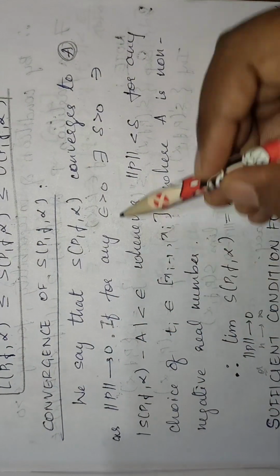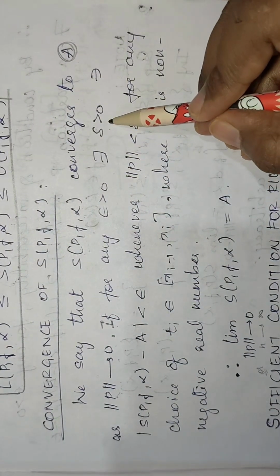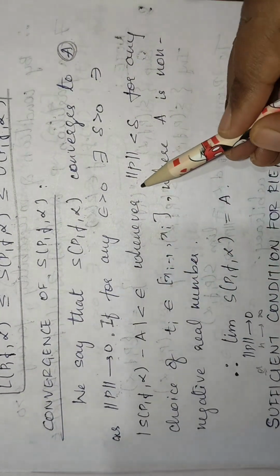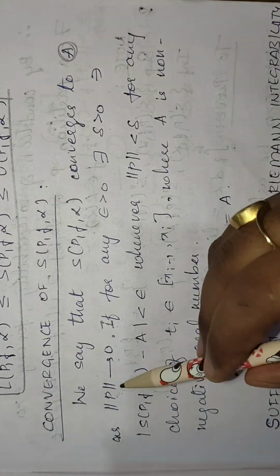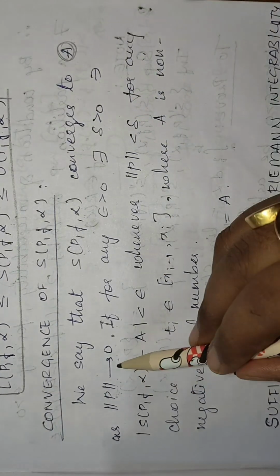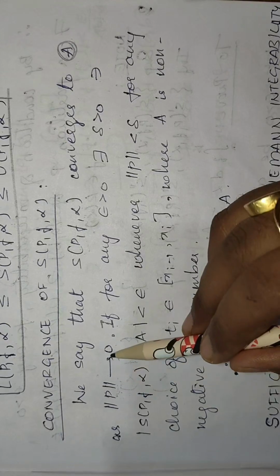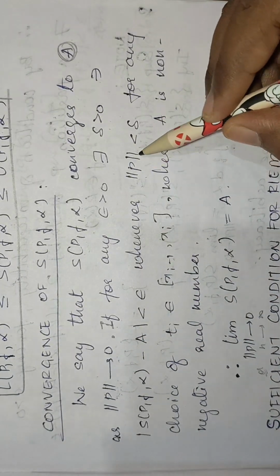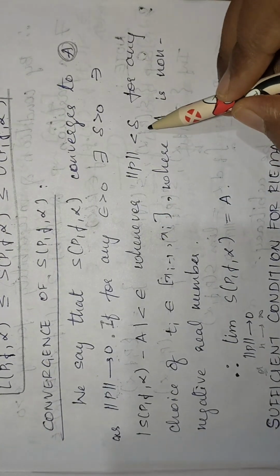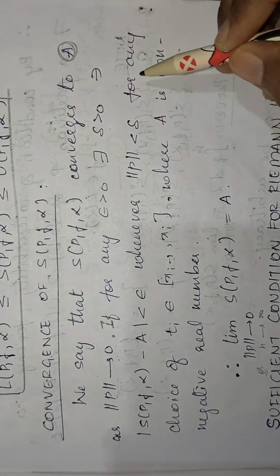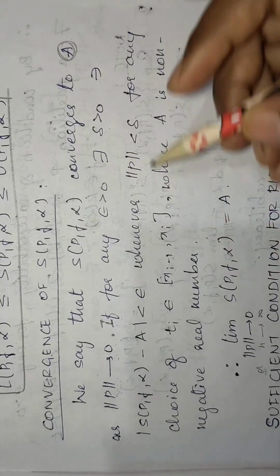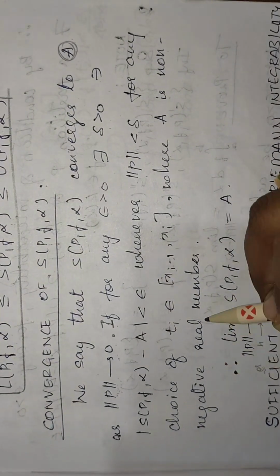If for any positive epsilon there exists a positive delta such that the difference between this and this is less than epsilon whenever norm p is less than delta, because we don't have norm p equal to 0 but norm p tending to 0, so I just take norm p less than delta, for any choice of ti belonging to the interval xi minus 1 comma xi, where A is a non-negative real number.